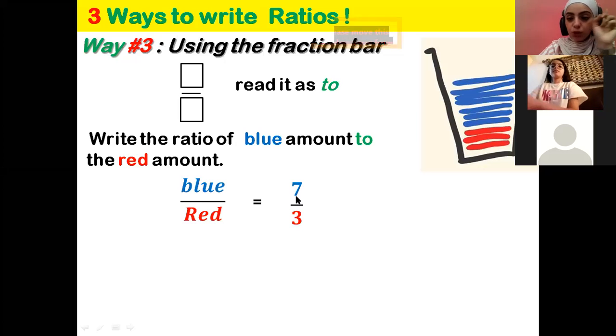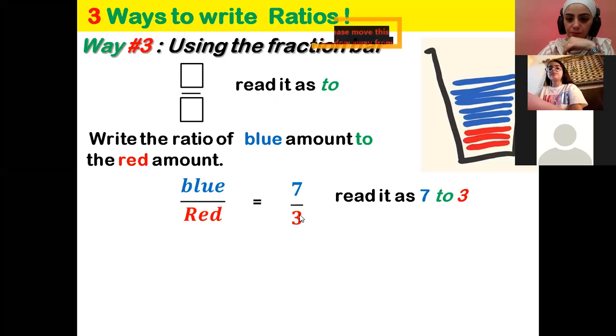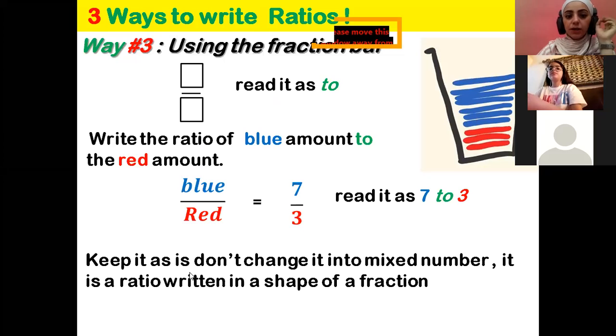So 7 over 3, we don't say 7 over 3 or 7 out of 3. No, this fraction here means ratio. So we read it as 7 to 3. So keep it as is, don't change it into a mixed number.